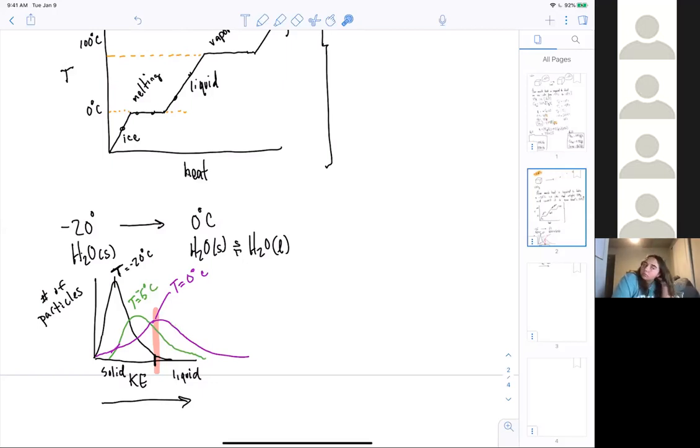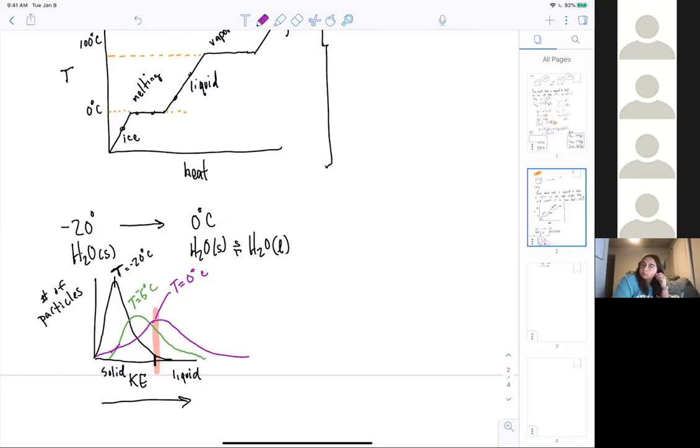If the average kinetic energy is so high that it's in this liquid region of this diagram, that means that the entire system is liquid. So every little bit of energy that I add just gives the particles more kinetic energy, but instead of the kinetic energy staying contained in the liquid, it goes into ejecting these molecules into the gas phase.